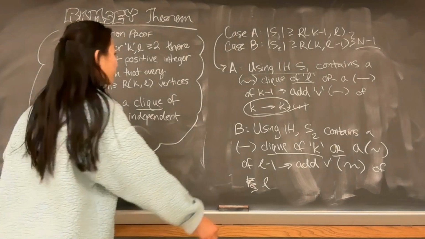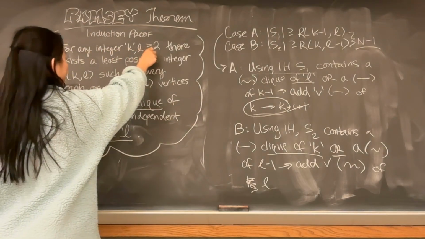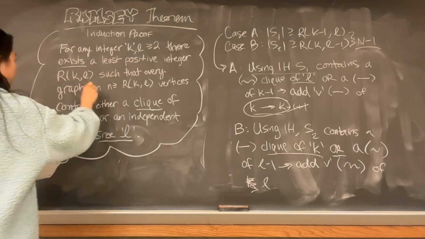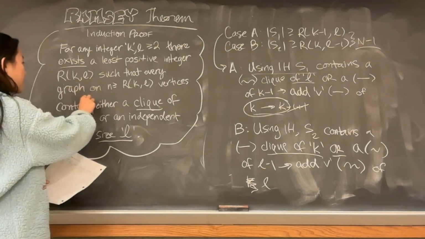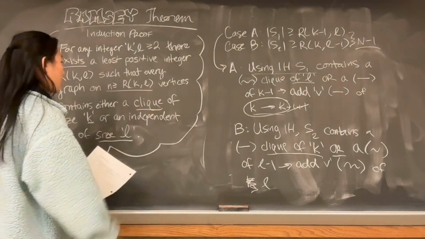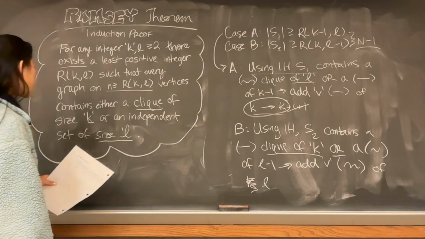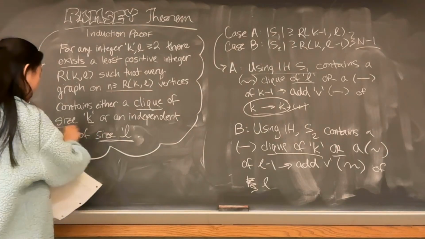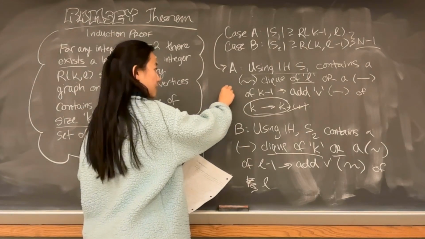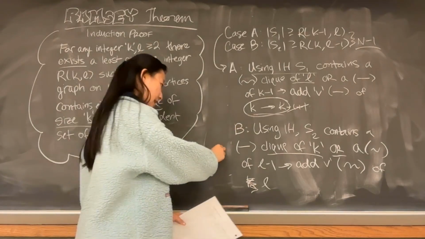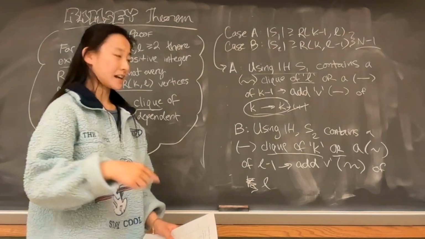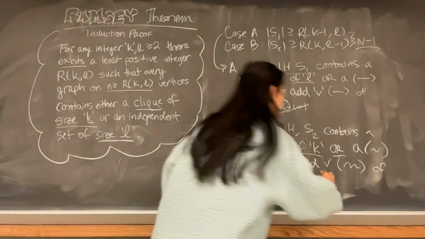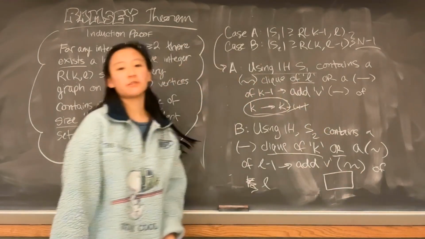And that is, for any integers K, L greater than or equal to 2, there exists a positive integer, R of K, L, such that every graph on n greater than R of K, L vertices contains either a clique of size K or an independent set of size L. And we have just shown that. This one has a size of L, this one has a size of K, and this one has a size of K and a size of L. And I hope I'm not overemphasizing that, but this here concludes our proof by induction.